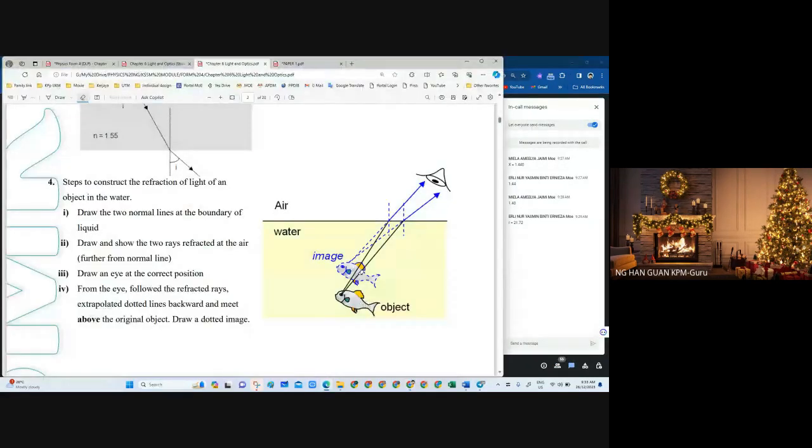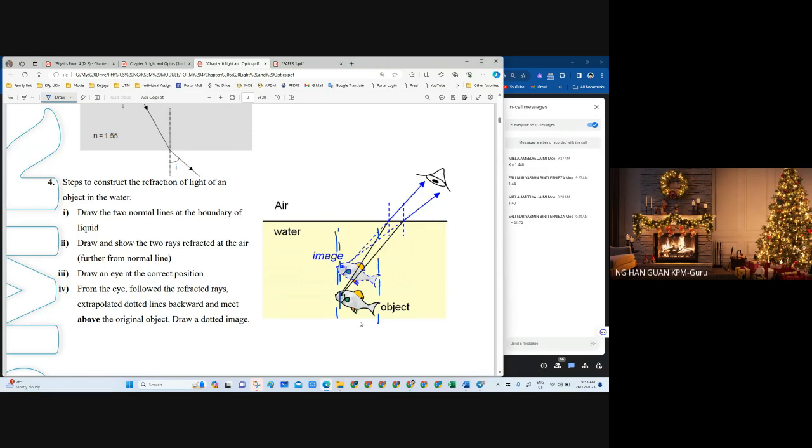Okay. So regarding this light game, first thing you have to remember, the image is always upright above the object, so it will be in the upper position above the object. When you show the image, it must be between the same borderline.